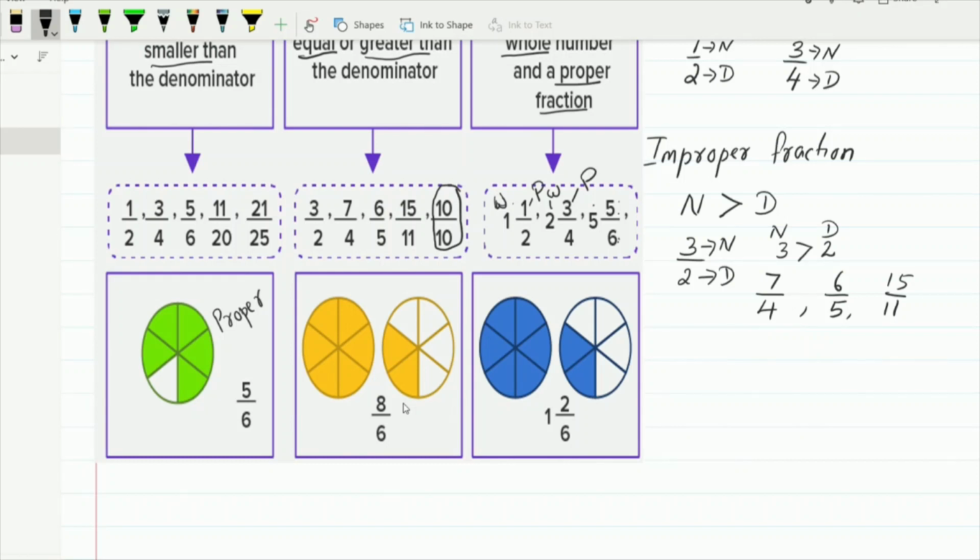Here it is divided into 6 parts and we select 5. 5 is the numerator and 6 is the denominator. Total parts 6, and 5 is the selected part. Therefore 5 by 6 is a proper fraction.